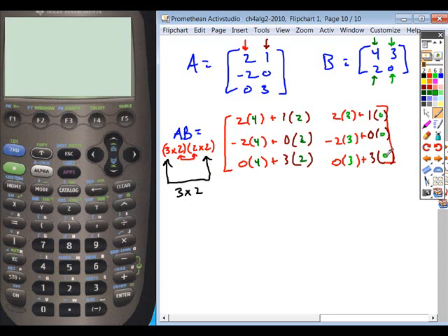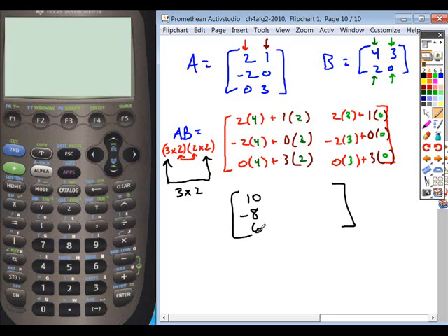Then you simplify your expression to get your answer, which again we expect to be a 3 by 2. 2 times 4 is 8, plus 1 times 2 gives us a total of 10. Negative 2 times 4 is negative 8, plus 0 gives us negative 8. 0 times 4 is 0, plus 3 times 2 gives us 6.